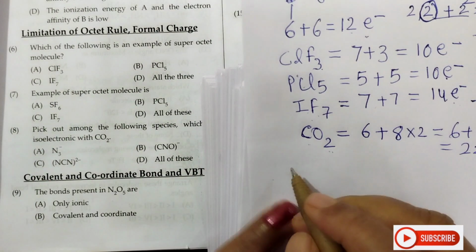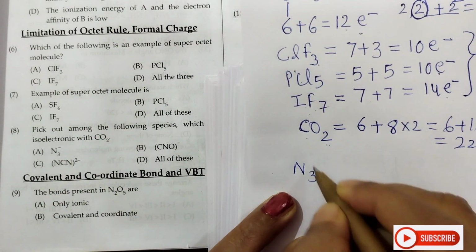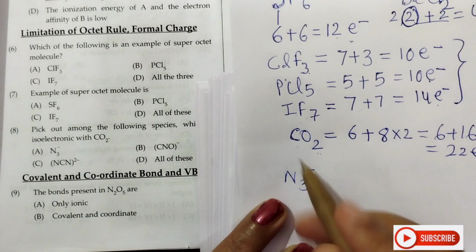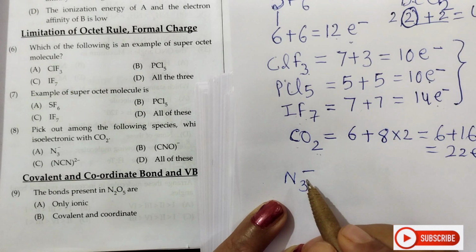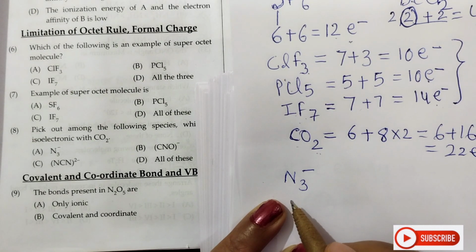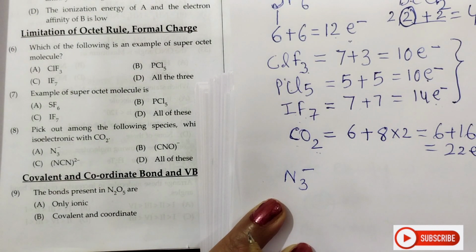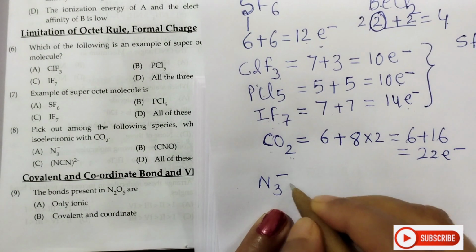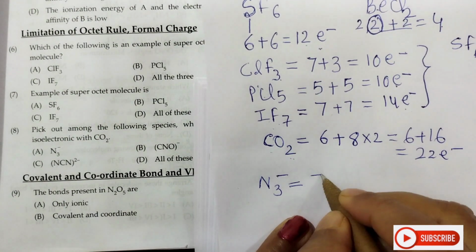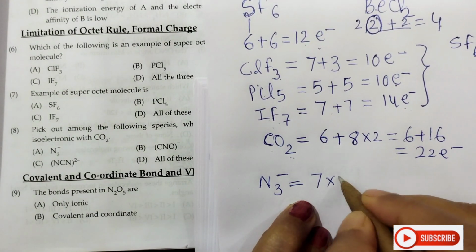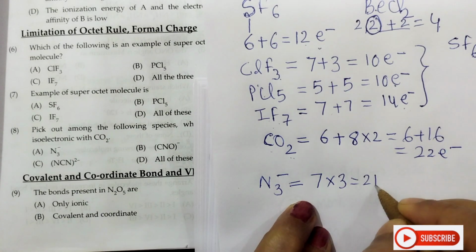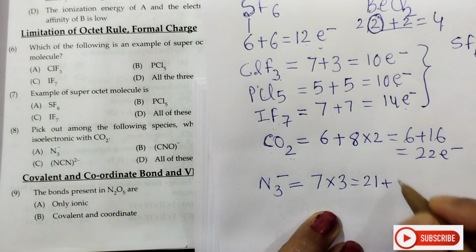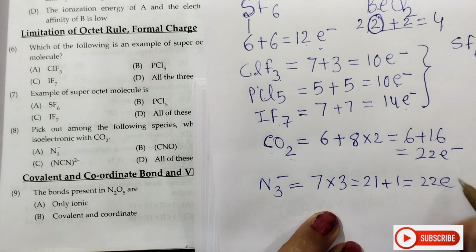Let us see the first option, that is N3 minus. Students, always remember, when there is a negative charge on the molecule, you have to add the total number of negative charges to your total. And if there is a positive charge, then you have to subtract the positive charge from the total. So here let us see, nitrogen will give 7 electrons. There are 3 nitrogen atoms, so it will give you 21 electrons plus 1 negative charge. So it will come to 22 electrons.